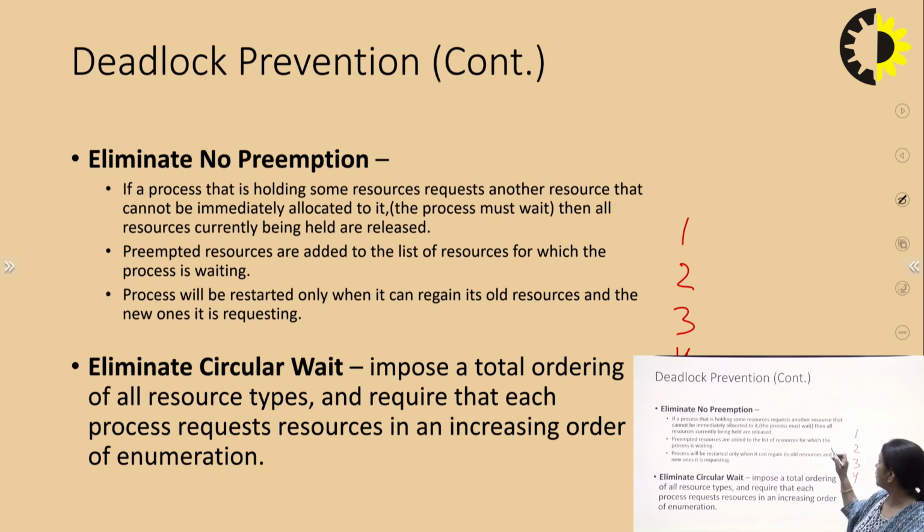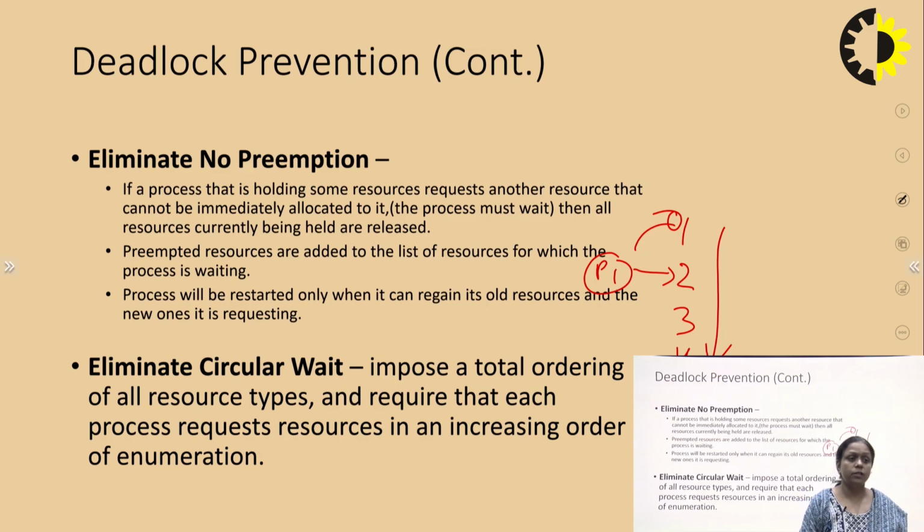If a particular process has already demanded resource number 2, then now it will demand 3 or 4, not 1. It cannot request resource 1 now, because it can only demand in increasing order. So, this is known as eliminating circular wait. In this way, we can eliminate circular wait. So, all these conditions will be eliminated in the case of deadlock prevention.